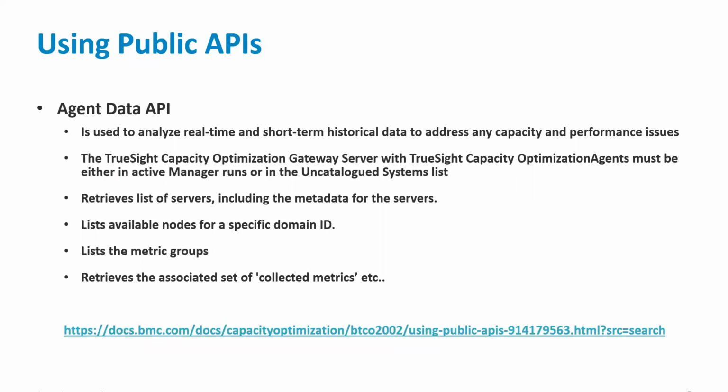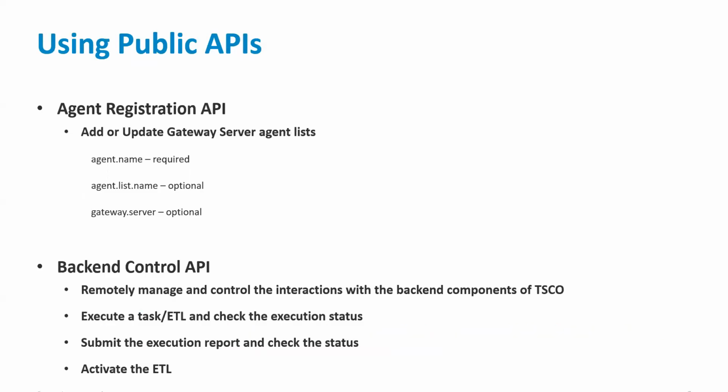You can retrieve a list of servers including the metadata for the servers, list available nodes for a specific domain ID, list the metric groups, retrieve the associated set of collected metrics, etc. From the given URL, you can access the document for more information about these APIs.